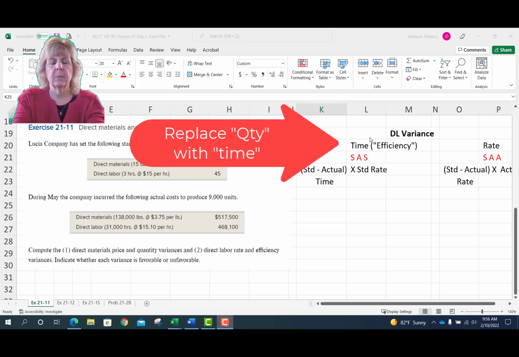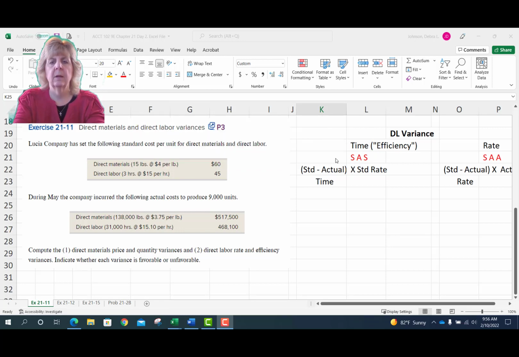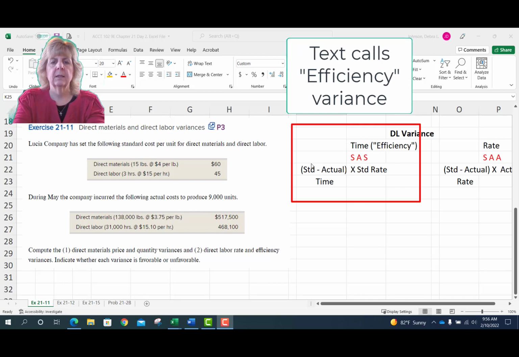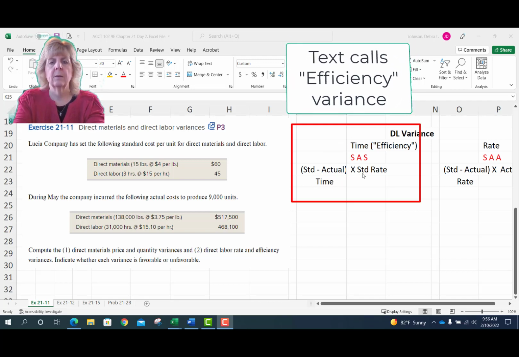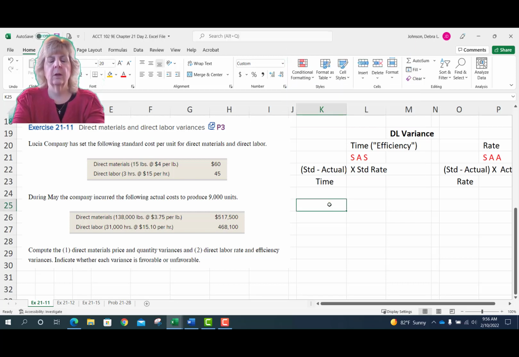So the wording might be a little bit different, but the formula itself is the same. The time variance, what your book tends to call the efficiency variance, is the acronym SAS, which means standard minus actual time. Again, whatever variance you're talking about goes inside the parentheses, times the standard rate. And it measures whether we were efficient in our use of time.